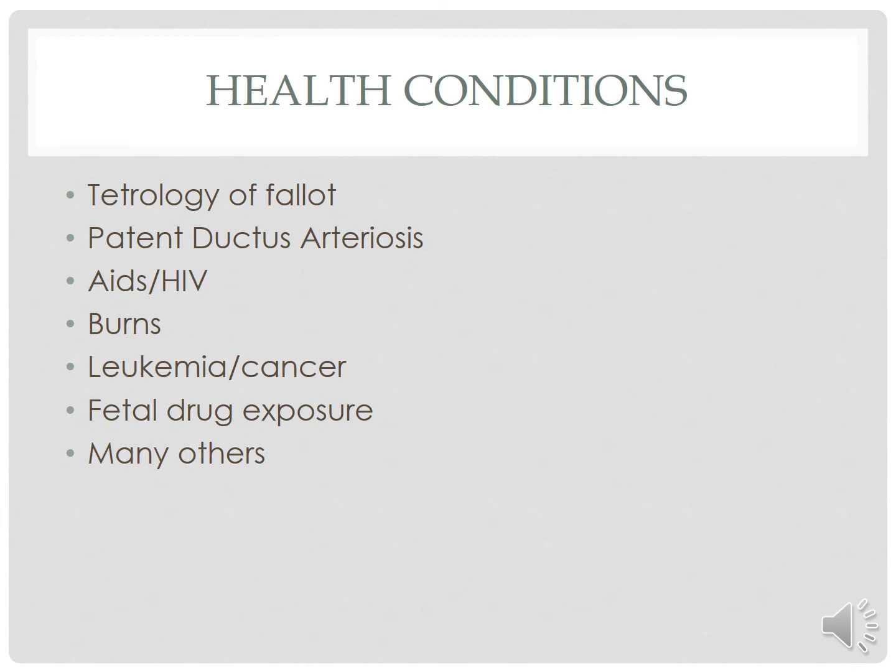There are some other health conditions that kids can have. Tetralogy of Fallot is a heart condition, as is patent ductus arteriosus. Patent ductus arteriosus is also called the hole between the sides of the heart. When a fetus is in utero, one of the things they don't do is breathe, right? So their circulatory system is different in utero than it is after they're born.